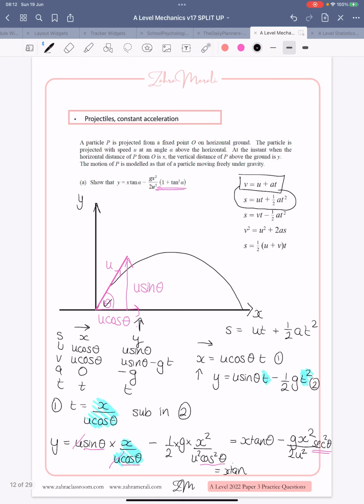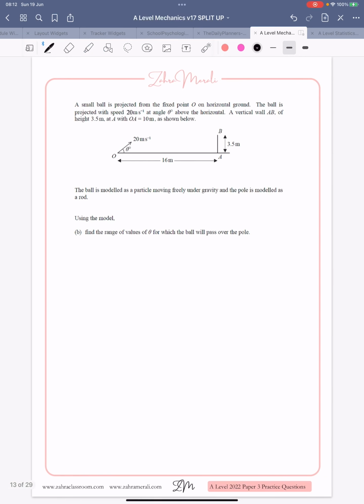So there should really be an alpha there. So tan alpha minus gx squared over 2u squared, 1 plus tan squared alpha. In an exam you could go back and change it, but I don't think they'll knock you the marks. Now we're going to use that, and we're literally just going to substitute our values in.